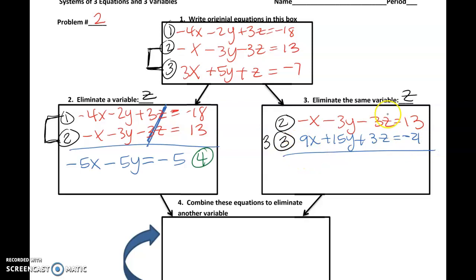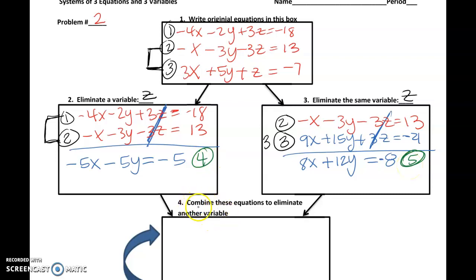And eliminate z like I said I was going to. So 8x plus 12y equals 8. Oh, make sure you double check your signs there. That should have been a negative, right? A negative 21 plus 13 is a negative 8. And again, I'm going to number this equation because this is my next equation. So I have equation 4 and equation 5.